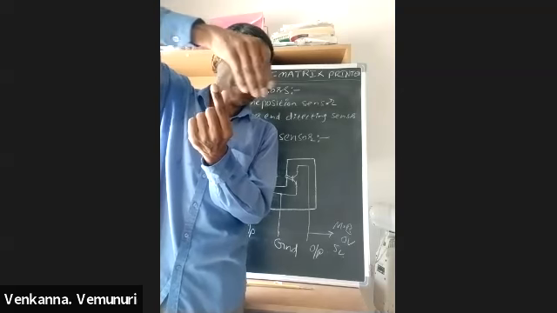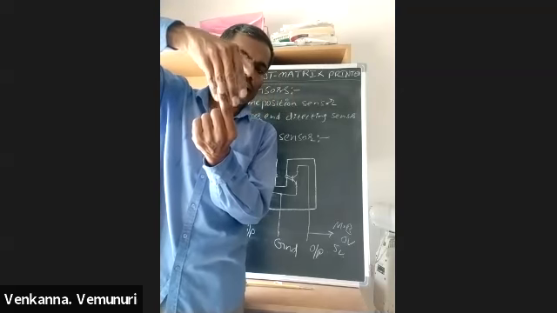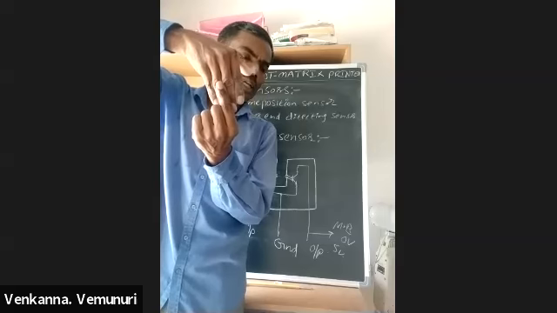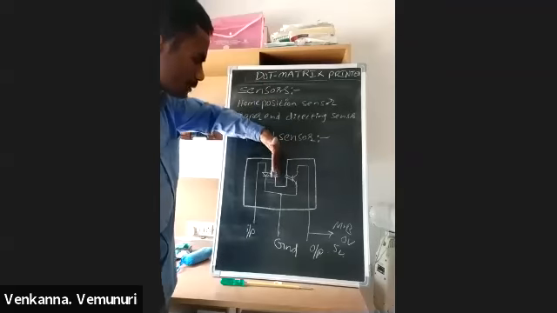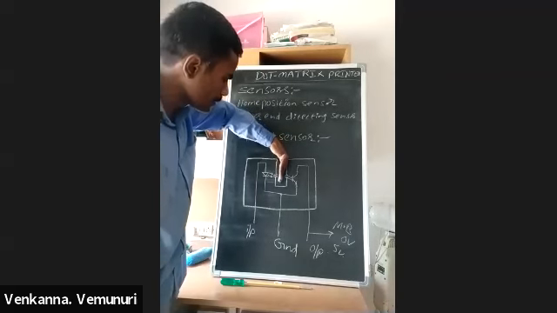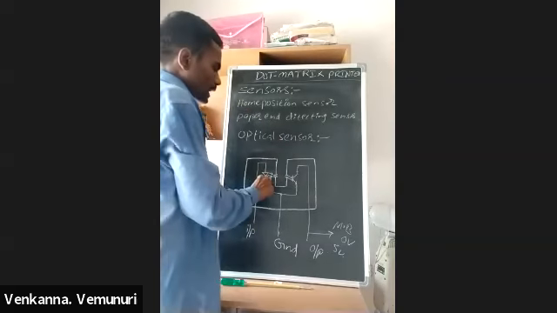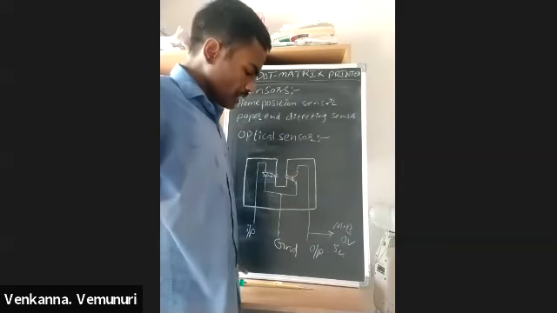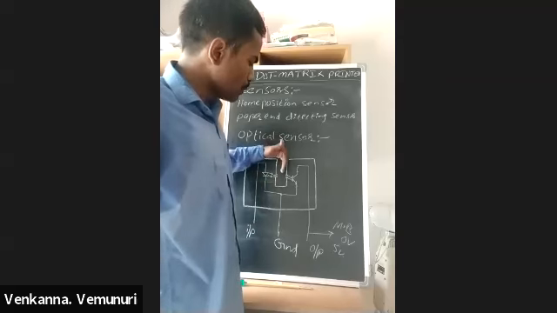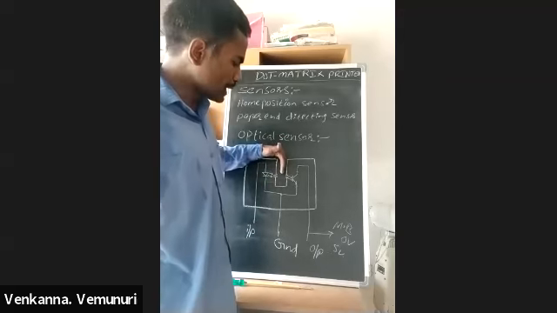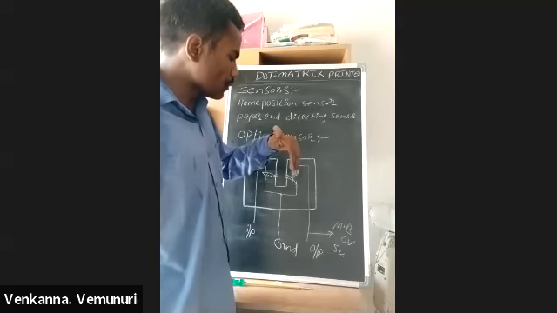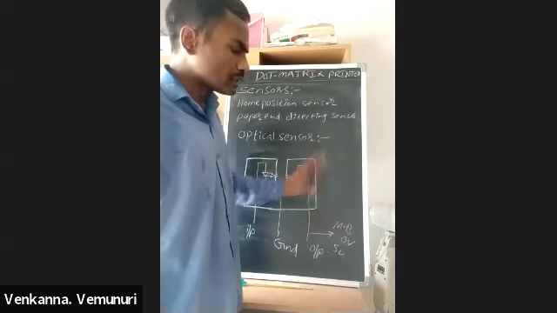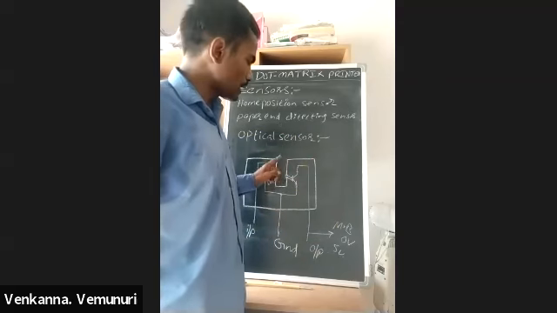If the print head moves totally to the left side, the plastic plate moves into this place, so the light does not reach here, and here there is high voltage. Immediately the motherboard detects that the print head is moving to the home position. If the print head moves away from the home position, the light drops here again, giving 0 voltage, and the motherboard detects that the print head is not in the home position.